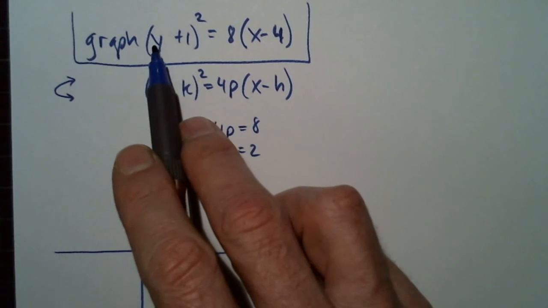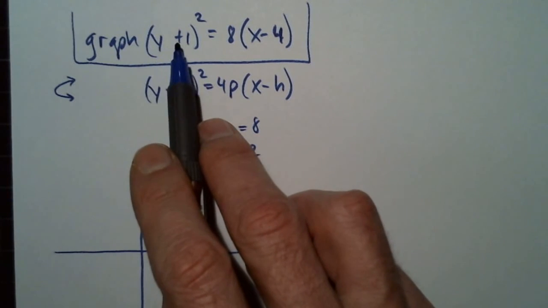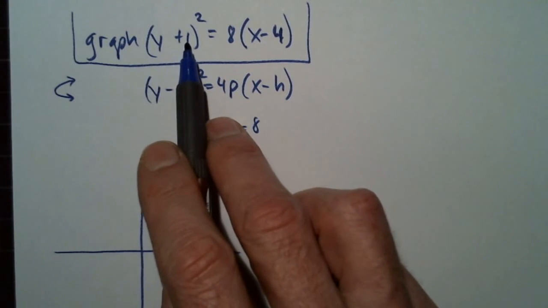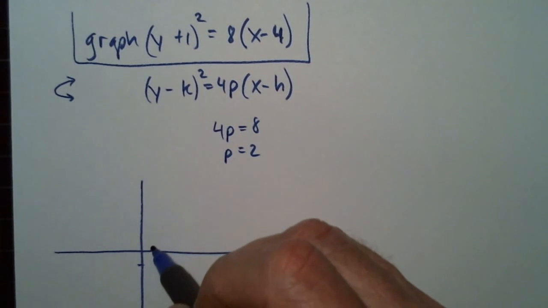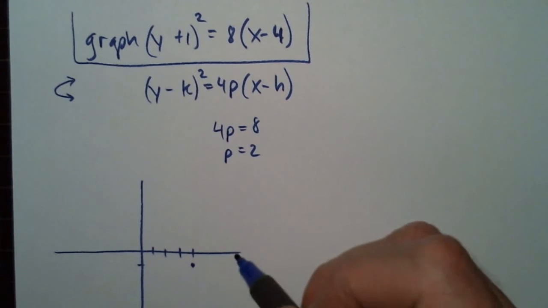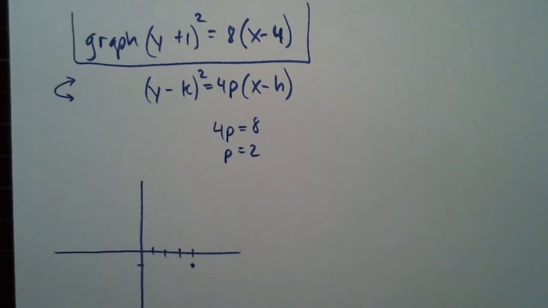Now we can graph. We're going to move down 1, right 4 for the vertex.